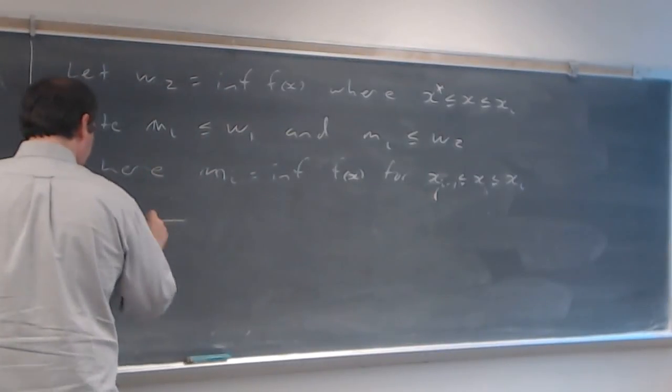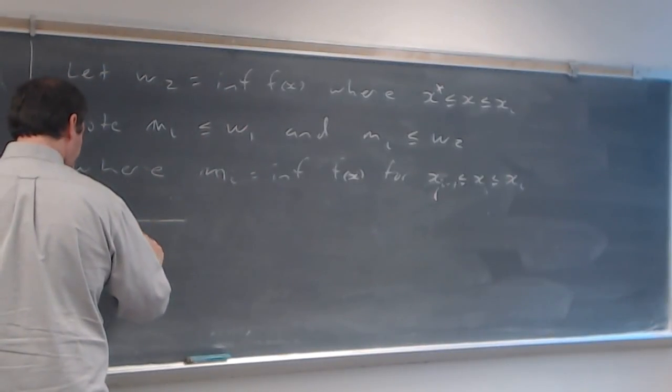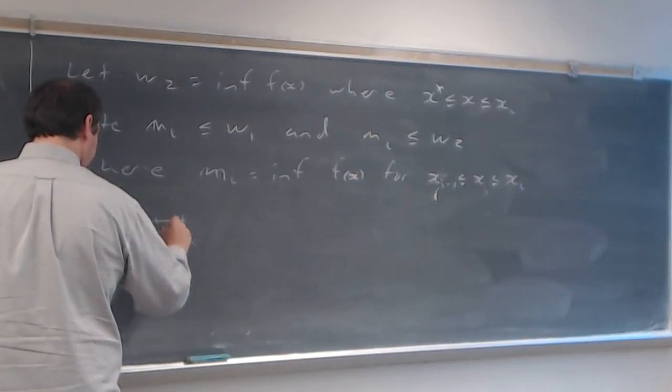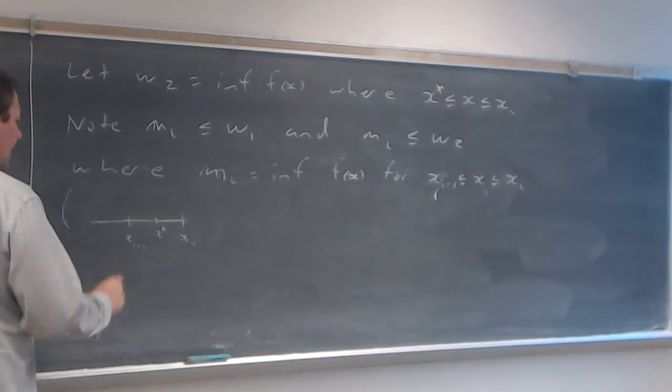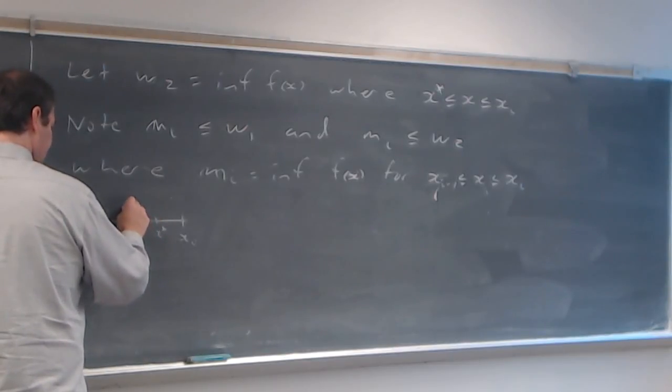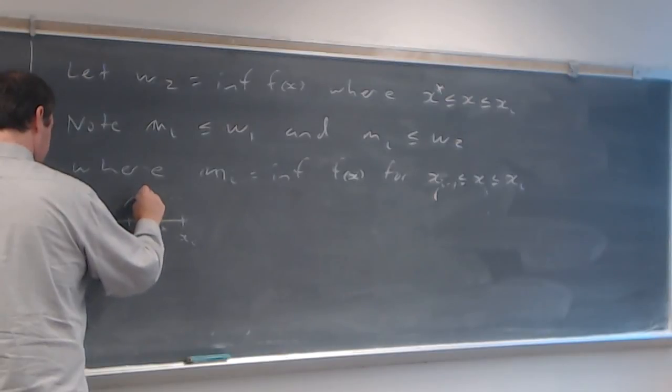Just in terms of explanation, it's not necessarily something you have to include in the proof. Here is x sub i minus 1, maybe this is x sub i, and here is x star. What is m sub i? Let me draw this f. Let's say f looks like this.